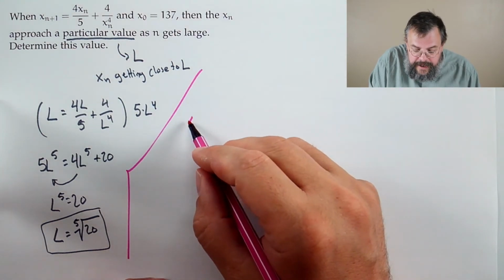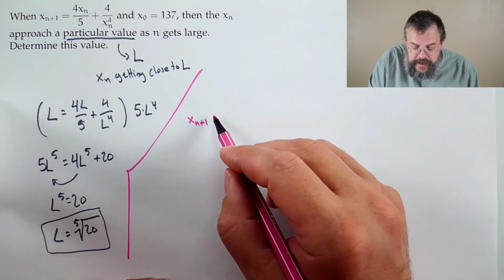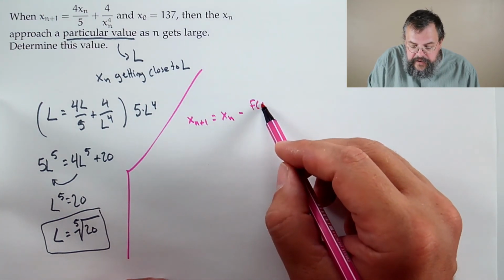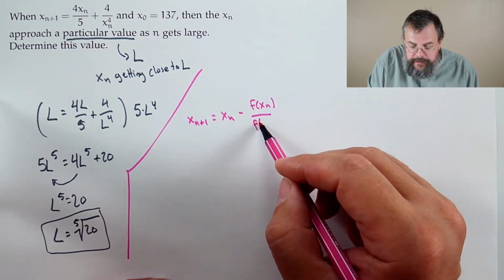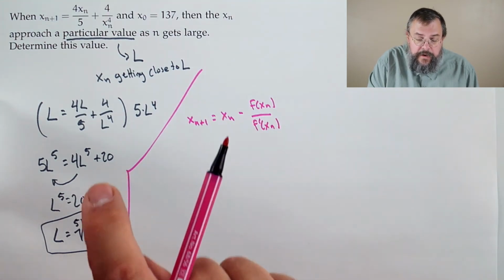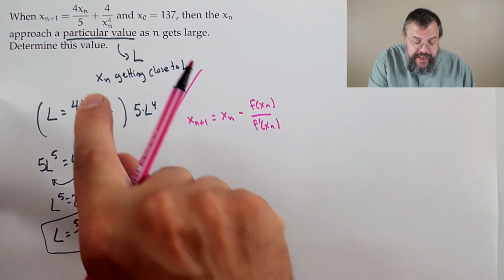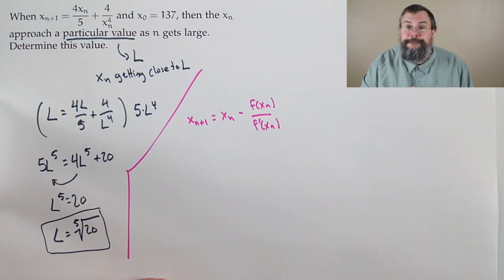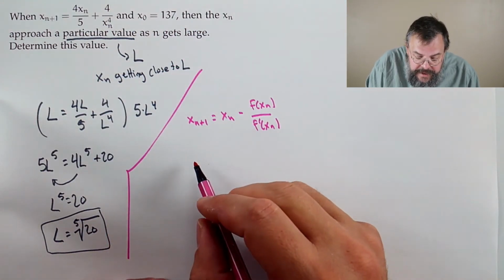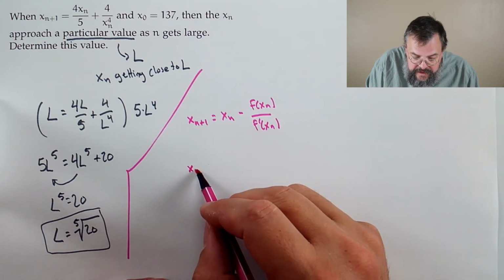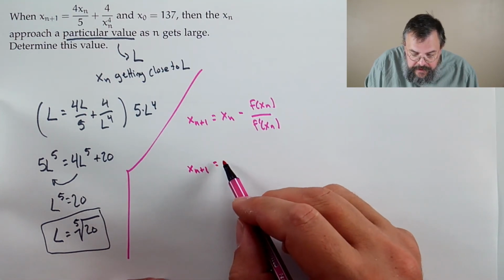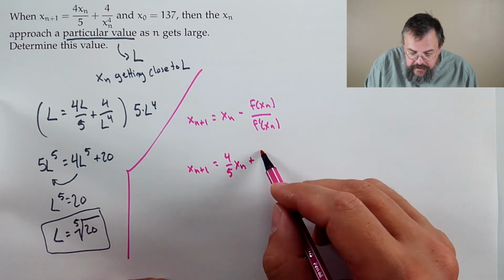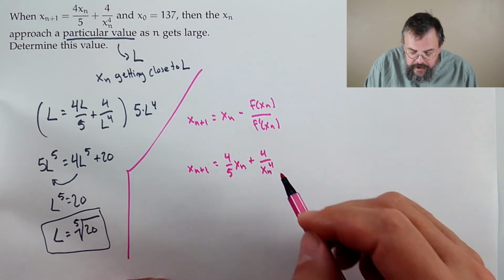Newton's method says what? xn plus 1 is equal to xn minus f of xn over f prime of xn. So what we're going to do is take our expression here and make it look like that. How do we do it? Well, not so bad. We have xn plus 1 equals, so currently we have 4/5 xn plus 4 over xn to the 4th.